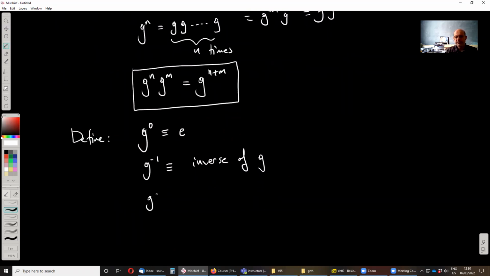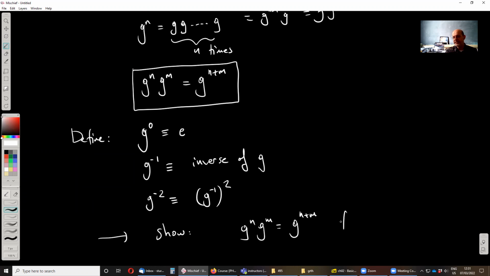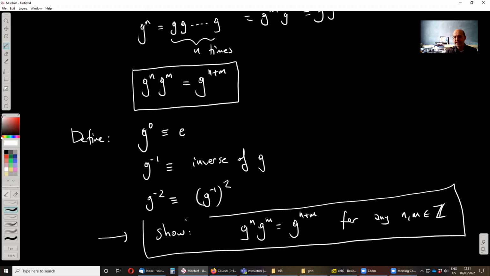And so I'm going to use the minus 2nd power to mean the square of G inverse, okay? In that case, you can show that this relationship that I have written down in here is valid for any possible integers, for any integers n and m. It's not true only for positive integers. It is also true for negative integers as well.